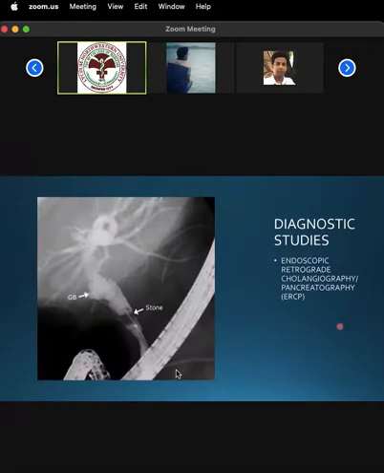So another diagnostic study would be your ERCP or your endoscopic retrograde cholangiopancreatography. The contrast medium is usually inserted through a duodenoscope. The advantage of this would be direct visualization of your ampullary region, plus you have a direct access to the distal common duct.